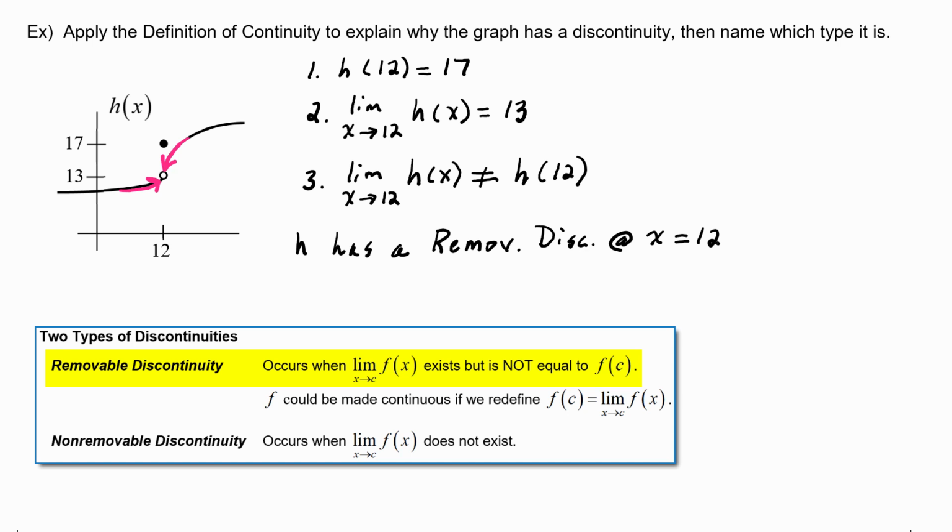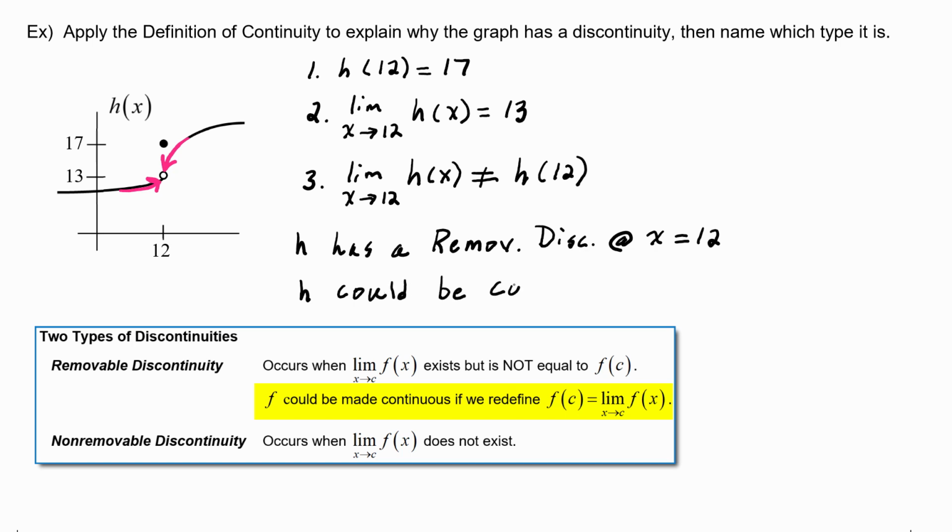Anytime we have a removable discontinuity, we can do the redefining and say that h could be continuous if h of 12 was redefined to be that limit value, which we know is 13.